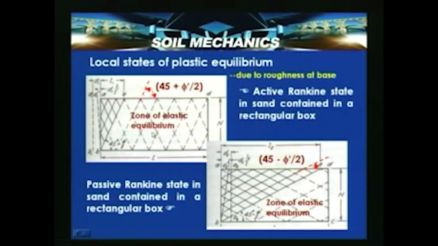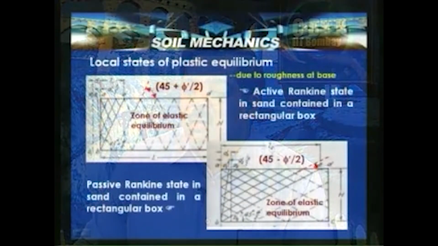Then the entire soil mass reaches the plastic equilibrium state, provided the surfaces are smooth at the base as well as at the interface.